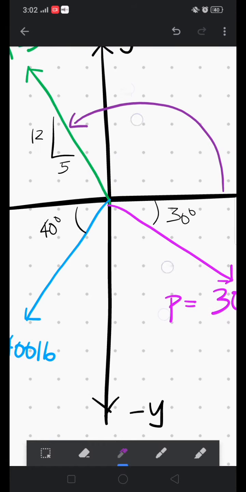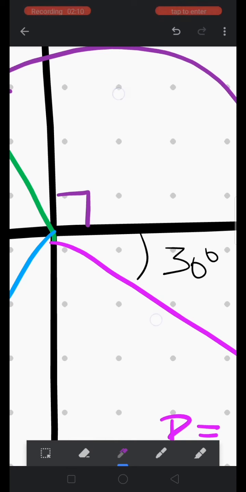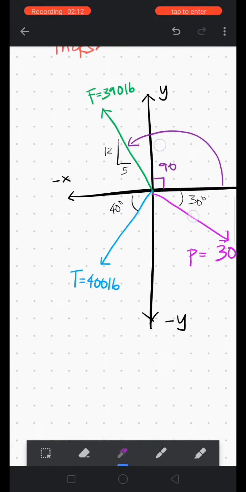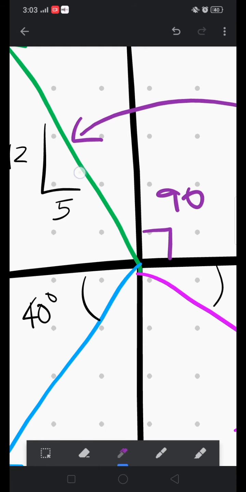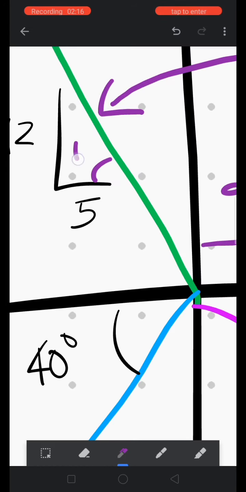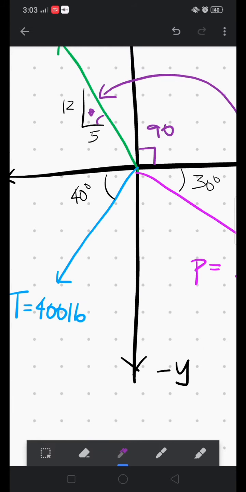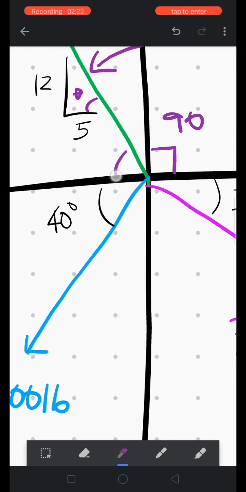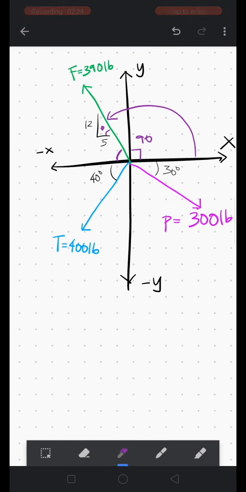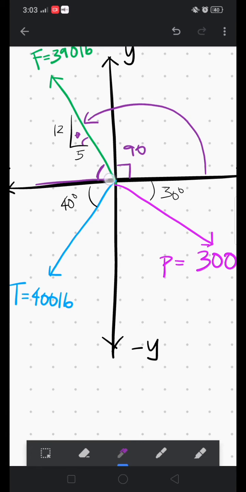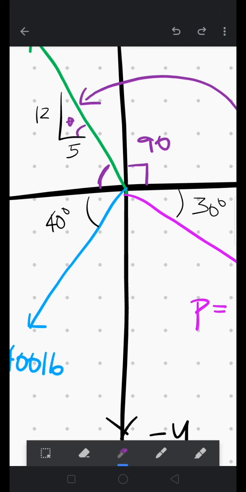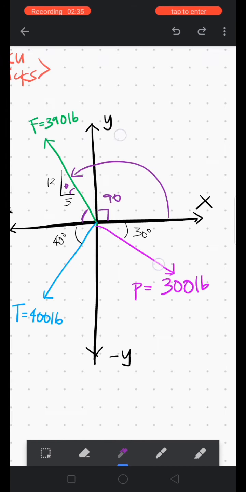We know that this angle here is 90, and if we get the arctangent of 12 over 5 for this angle or this slope, we'll get the angle, and this total angle, we know that's 180 minus this angle here, will be the angle from the x-axis to our force.